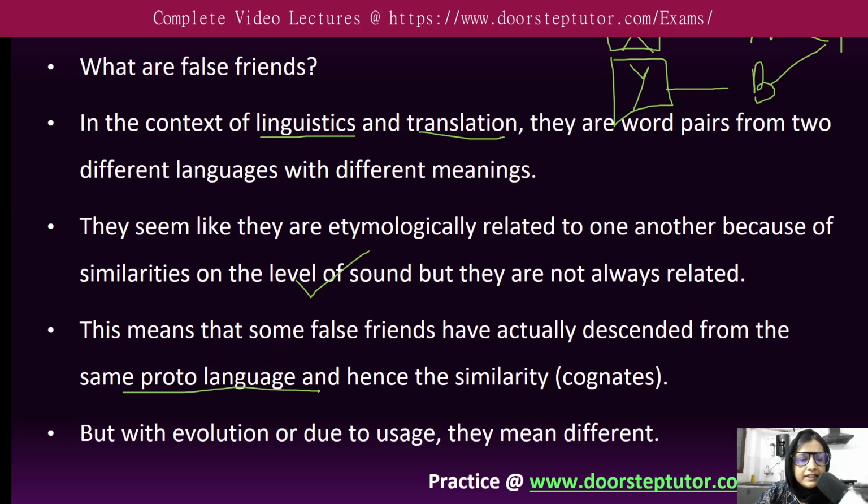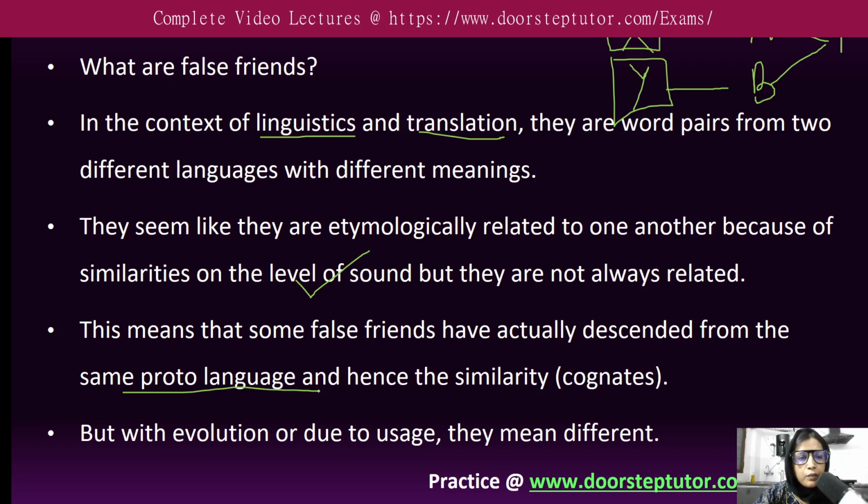Okay, and the word that historical linguistics has given for this particular concept is called cognates. Words of common etymology, or words that have come down from the same parent. So proto language is very important over here in the context of false friends and cognates. So cognates is actually one type of false friends.